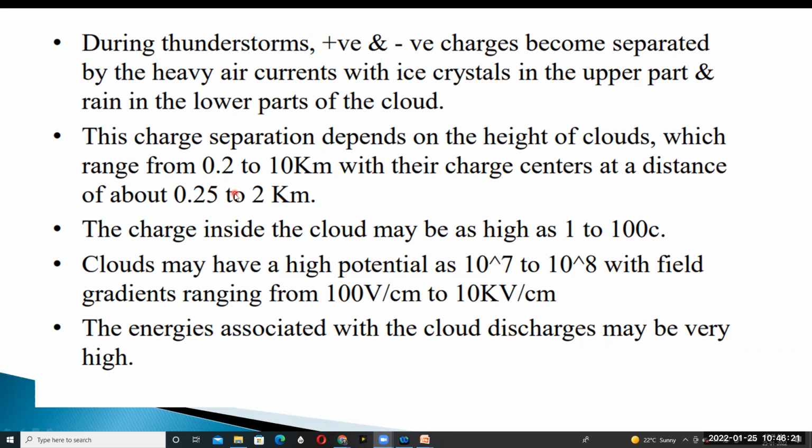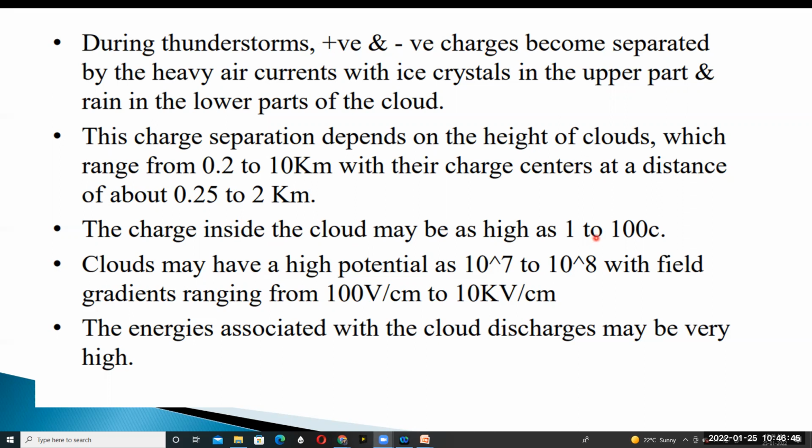The volume of the cloud that participates in a lightning flash is uncertain, but the charge inside the cloud may be as high as 1 to 100 coulombs.